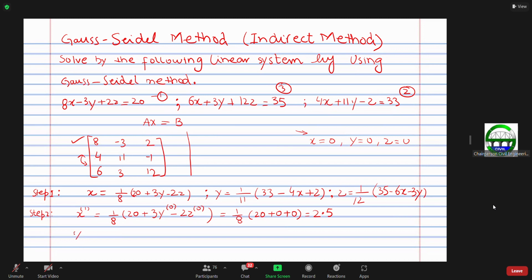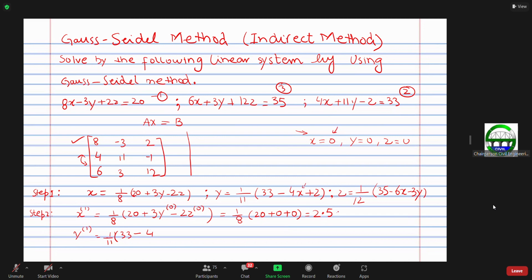Now y iteration 1. In y iteration 1, what I'm gonna do is 1/11 of 33 minus 4, and there is x, right? So I will not use the value of x0.